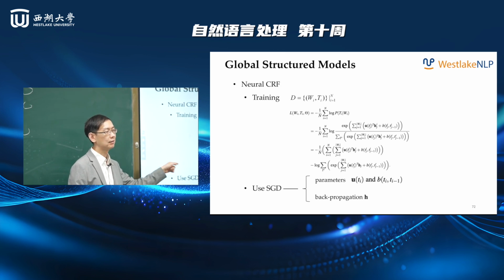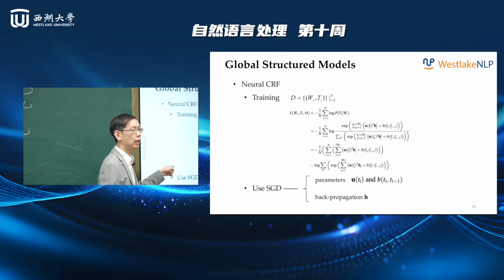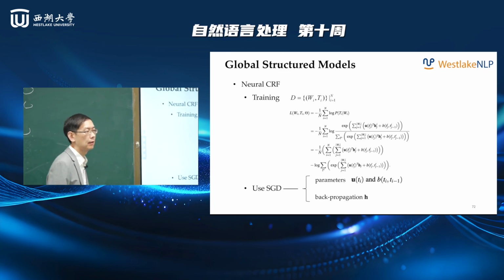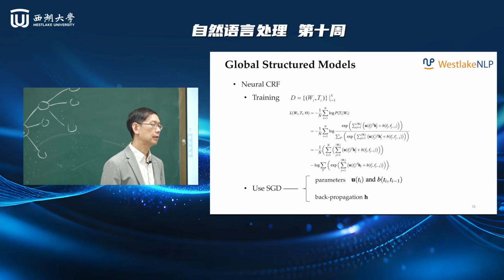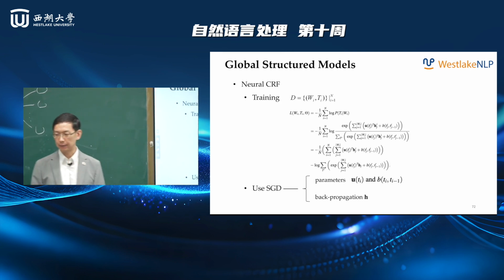U and B are parameters. Who is the input vector? H, okay? So according to the backpropagation rule, we need to find the gradient of the loss over U and B for my own need. And I need to find the gradient over H for the previous layers, all right? The word embeddings and the tanh layer.